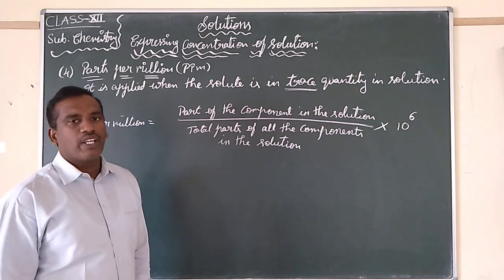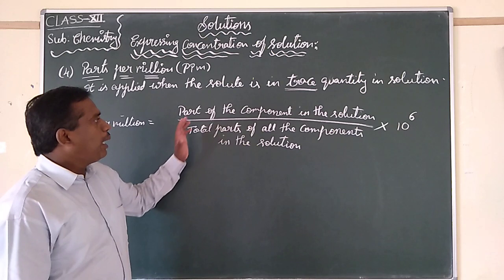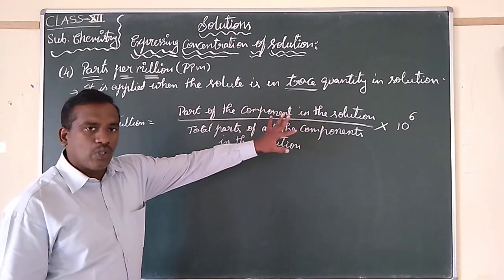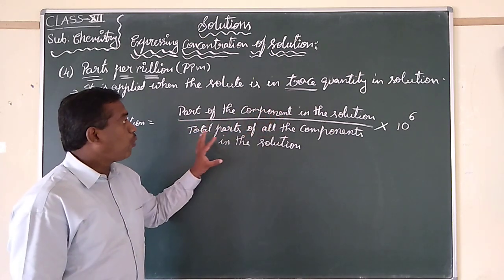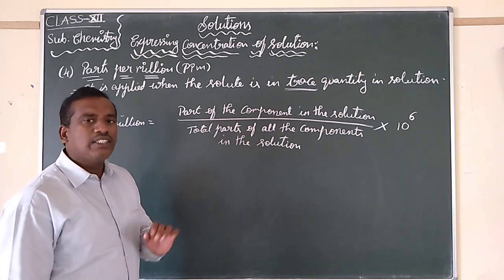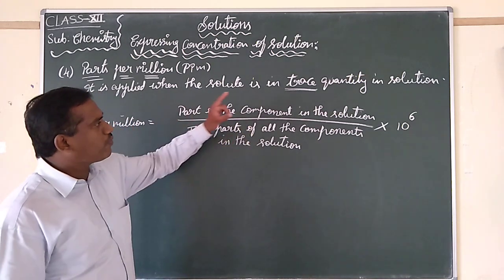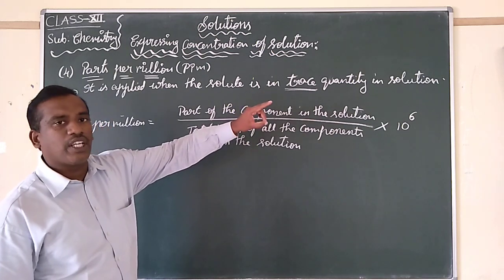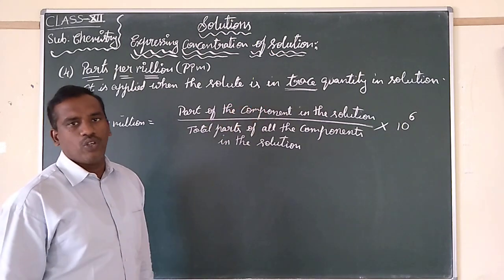So the formula of ppm is part of the component in the solution by total parts of all the components in the solution, times 10 to the power of 6. Generally, we use this to identify the trace quantity of solute in the solution.